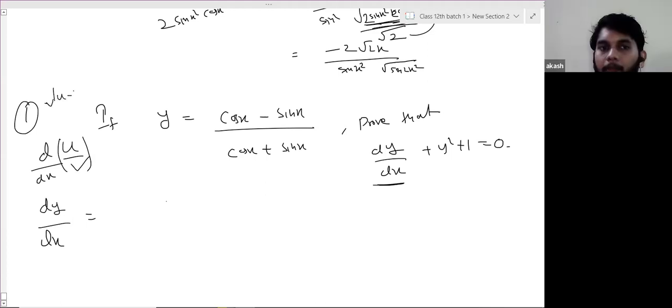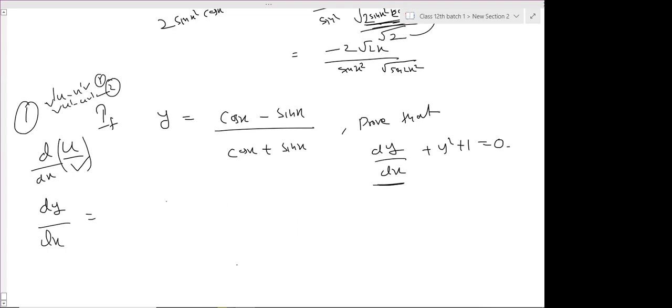Or is it the opposite? v u dash minus u v dash. Which one is it? 1 or 2? Kulsum, which one is it? So it's the second one.